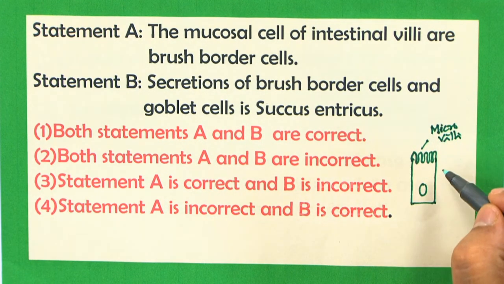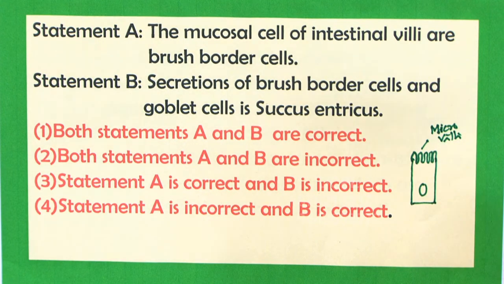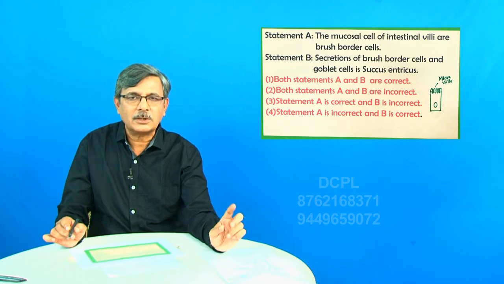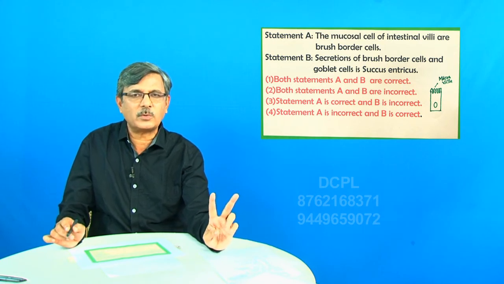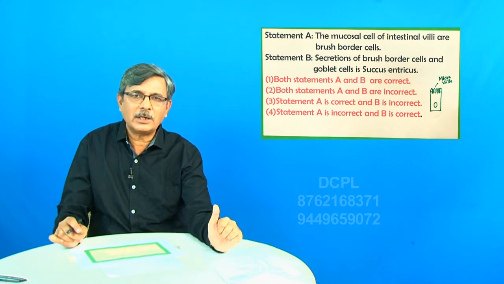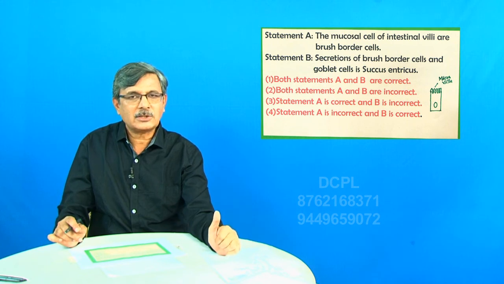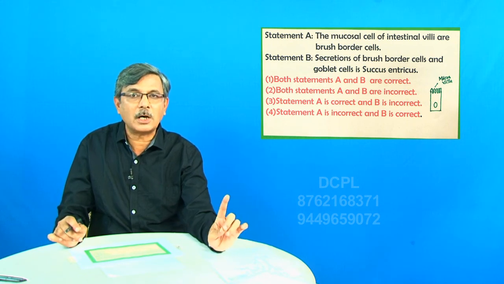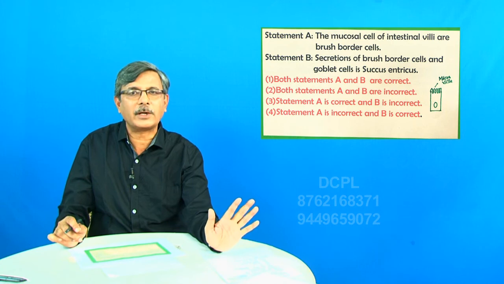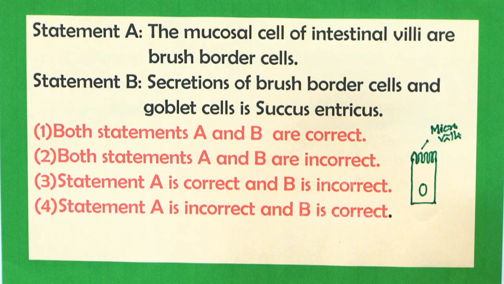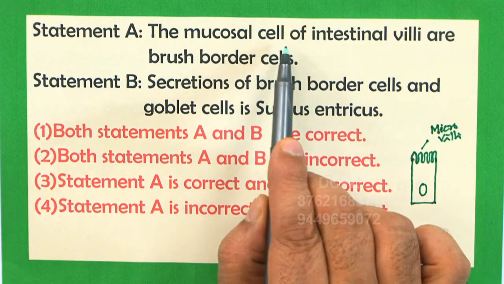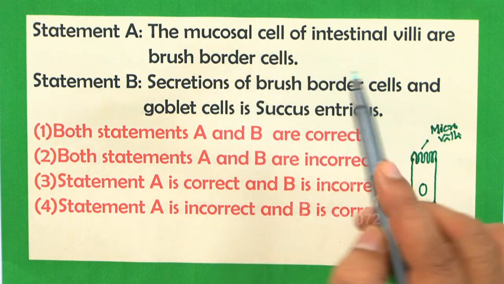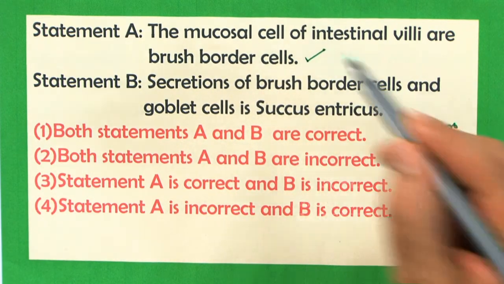The cells with microvilli are called brush border cells. Dear friends, the moment we talk about brush border cells, two regions we have to remember. One in the villi of small intestine, second in proximal convoluted tubule of nephron. So statement A, the mucosa cells of intestinal villi are brush border cells, is correct.